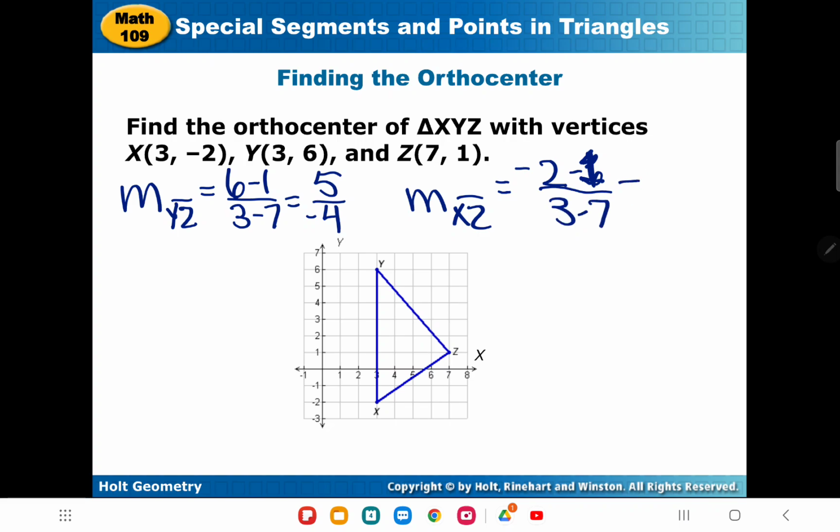So sadly, this is not a right triangle. I was hopeful, but it doesn't seem like it's working out that way. So I am going to have to construct these, and we'll go through that process of finding the orthocenter.